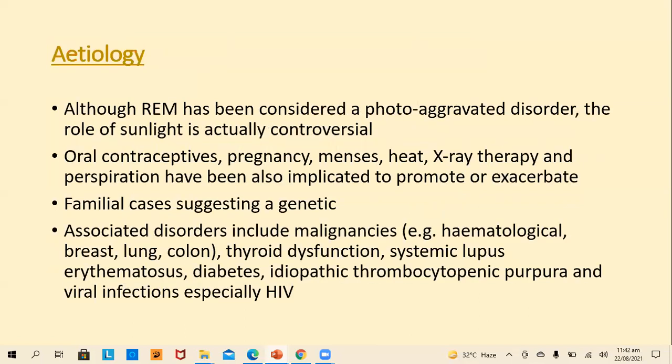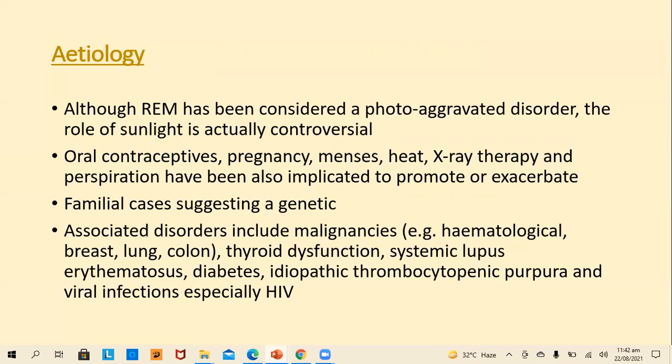Etiology. The REM has been considered as a photoaggravated disorder, but the role of sunlight is actually controversial. Oral contraceptives, pregnancy, menses, heat, X-ray therapy, and perspiration have been implicated to promote or exacerbate it.